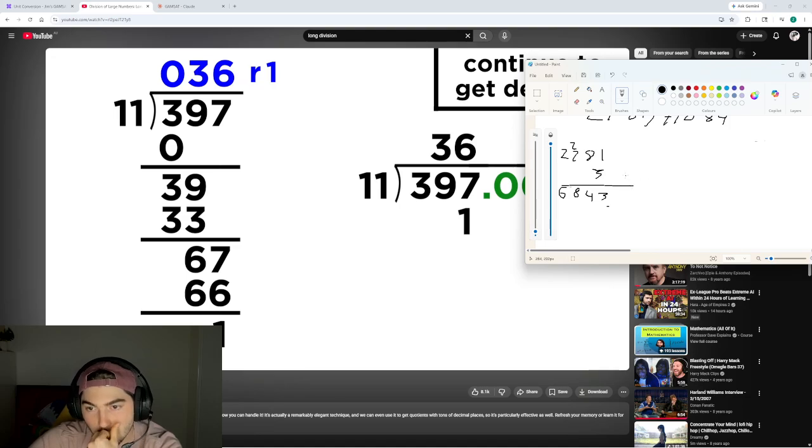No, I think you're putting the wrong number down the bottom. You're putting the wrong digit up the top. It's 4 down the bottom and 2 up the top.